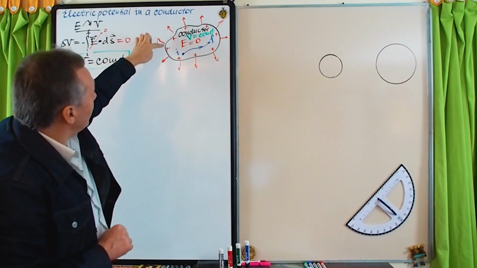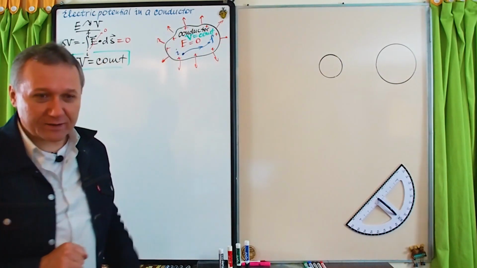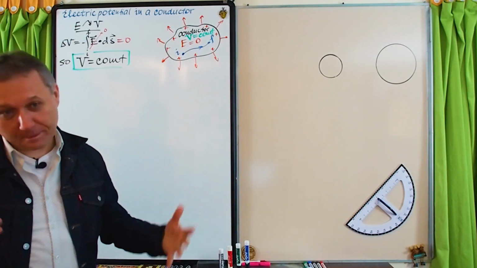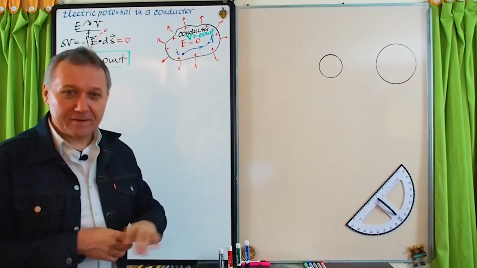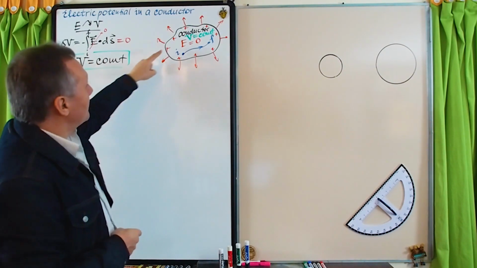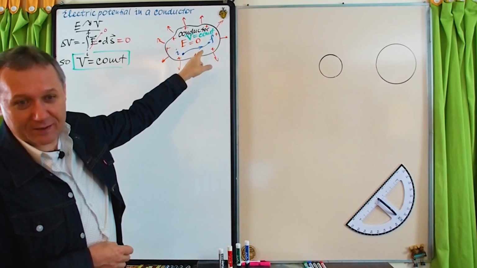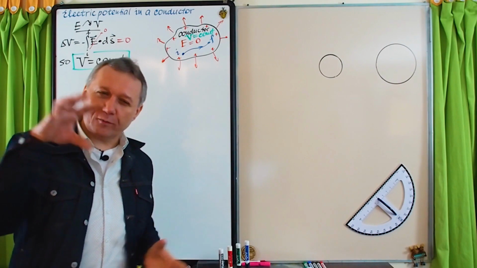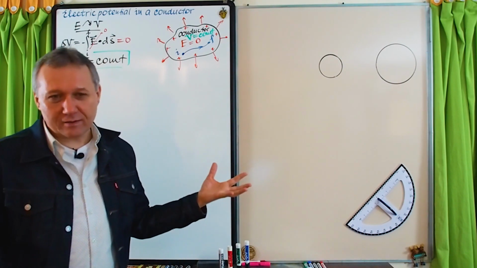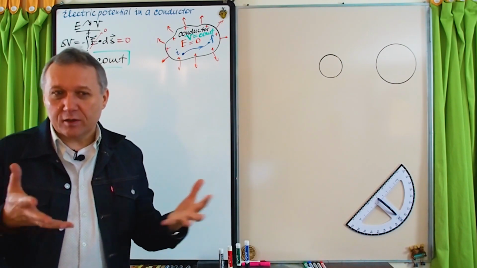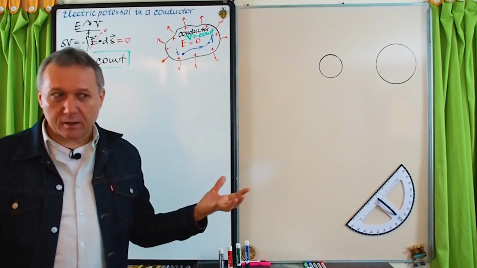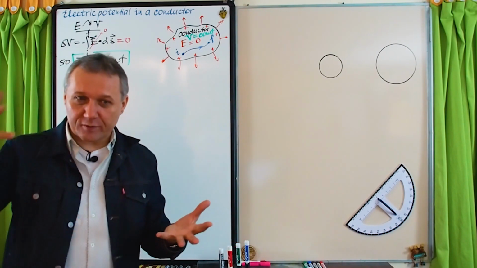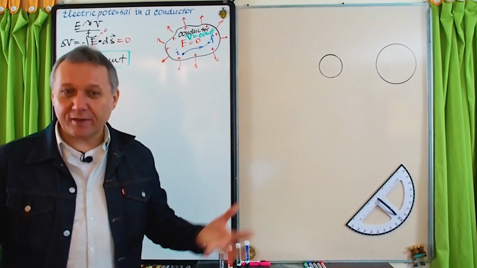Now, what can you say about the surface of this conductor? Anything interesting about that surface based on the recent results? Since electric potential is constant everywhere inside, of course it will be on the surface as well. So how do we call surfaces, or points, which are at the same electric potential? Those surfaces are called equipotential surfaces.